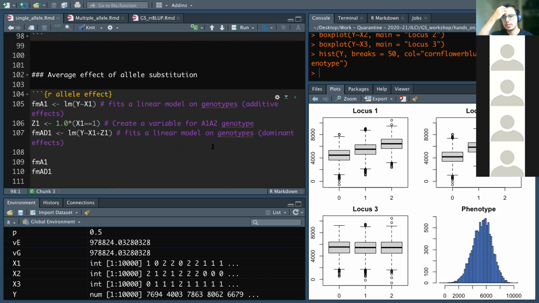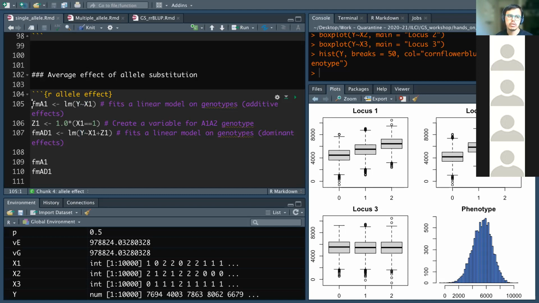Another concept that we discussed here: you can see that there is an effect of the genotype on the phenotype. But something that we discussed a lot in the slides was the estimation of the allele substitution effect. You can do that estimation with just a linear regression between the phenotype, that is Y, and the genotype.